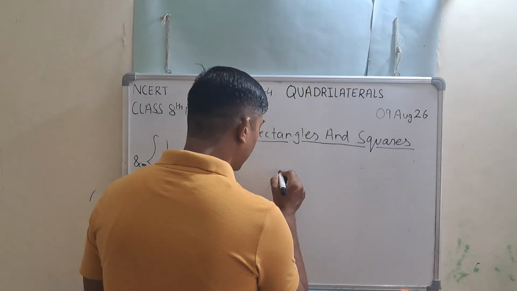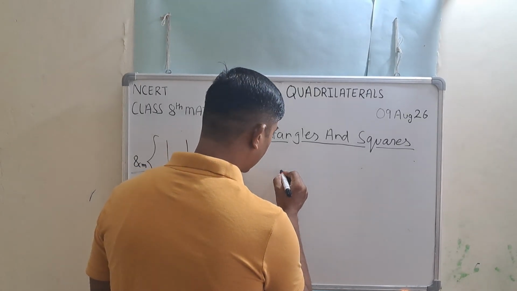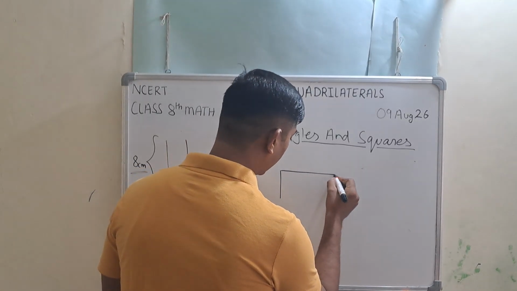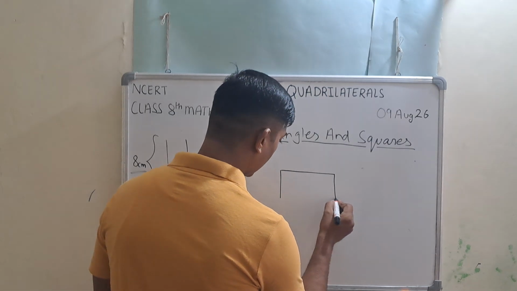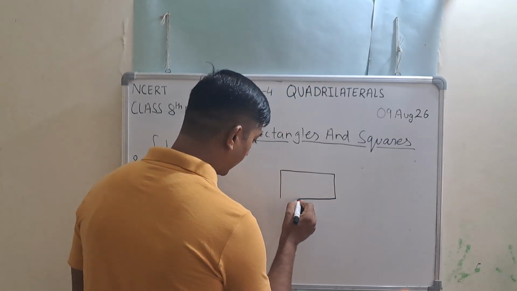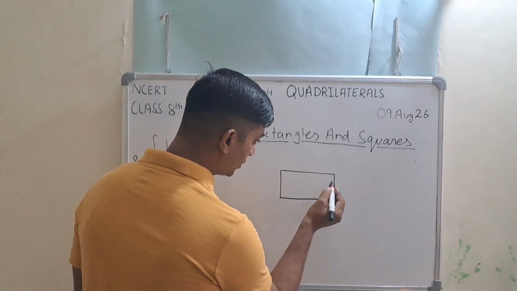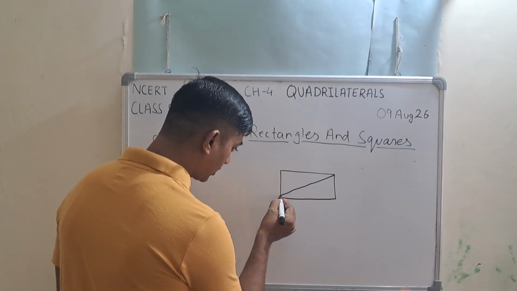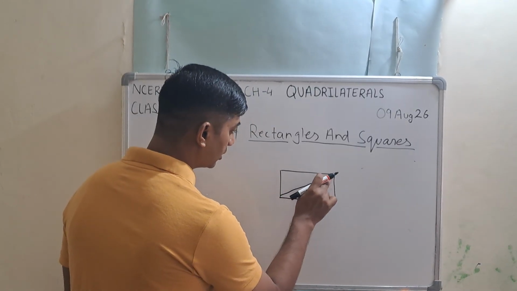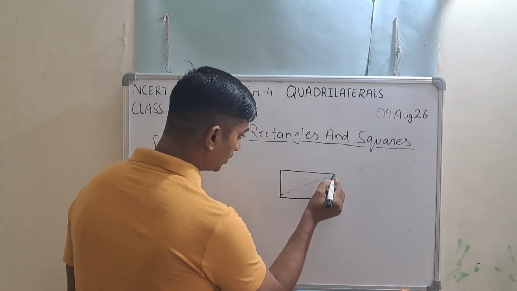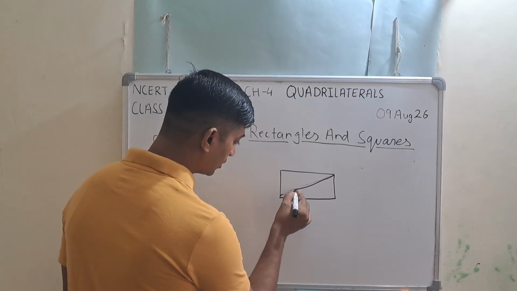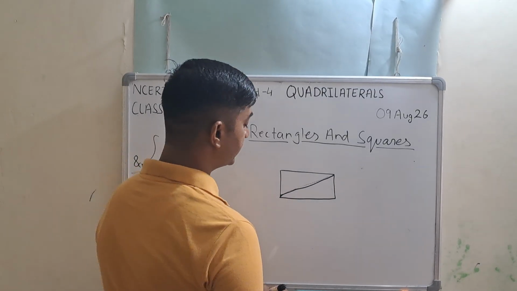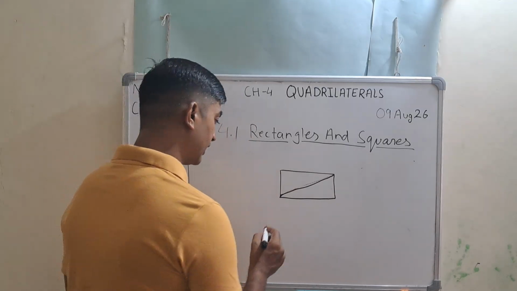We have drawn a perfect rectangle. Understood? We have drawn a perfect rectangle in which one stick is having length 8 centimeter.